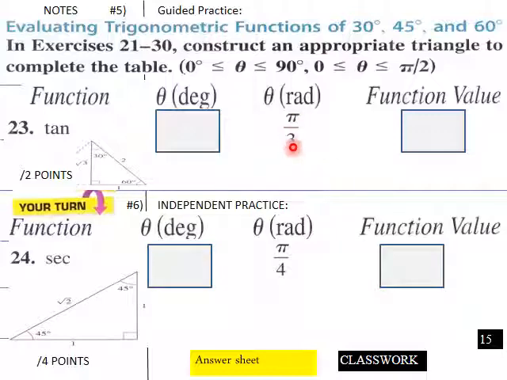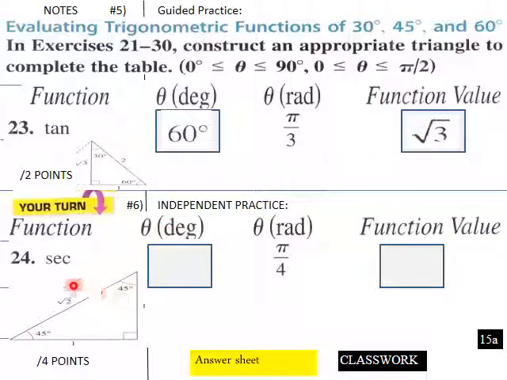So you know tan in this situation here is of our 60-degree angle. So it'll be 60 degrees, and tan again is our opposite over adjacent. So it would be square root of 3 over 1 will be our opposite over adjacent. So it'll be square root of 3 over 1.